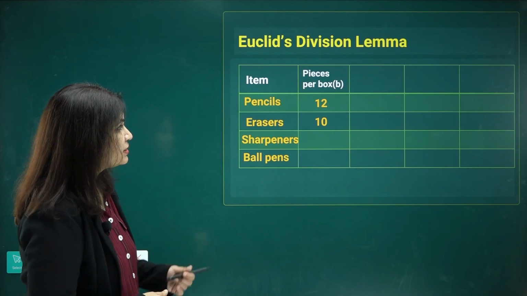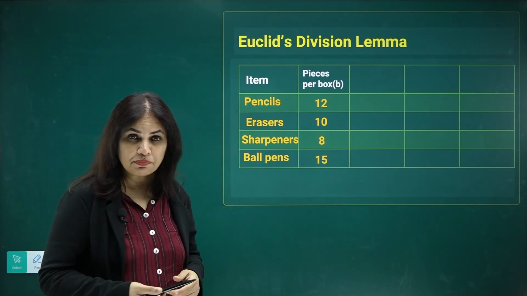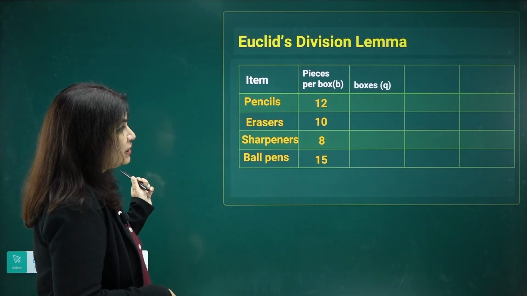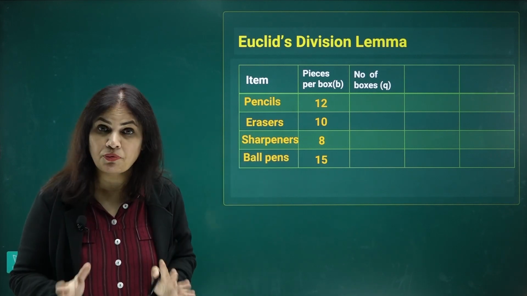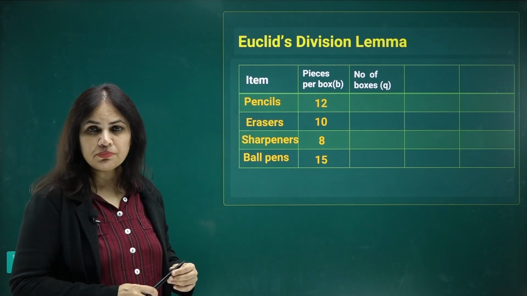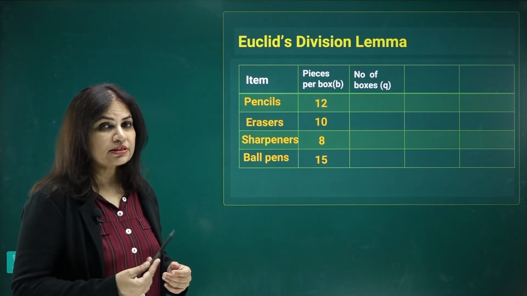If I consider the pieces of item per box, if I denote it by an integer b, because these are items and numbers, they have to be positive integers. It is very, very important. These numbers cannot be negative, because if we are taking some real life example, the materials cannot be negative.